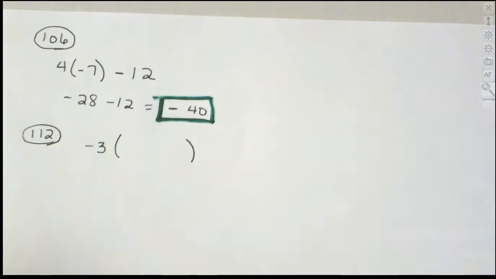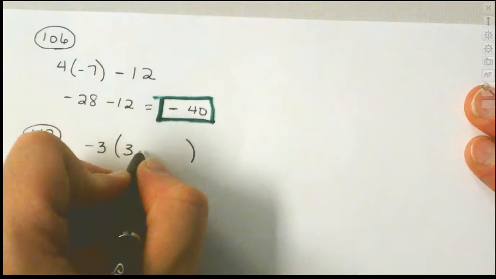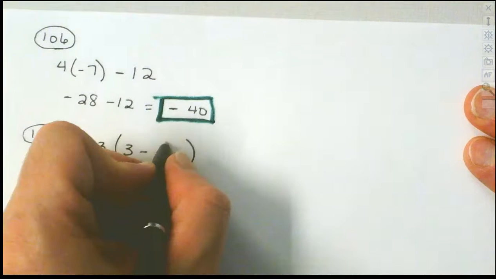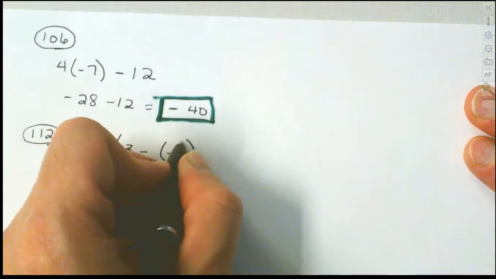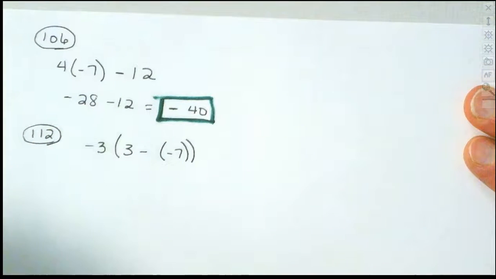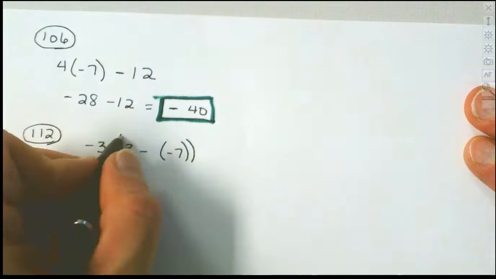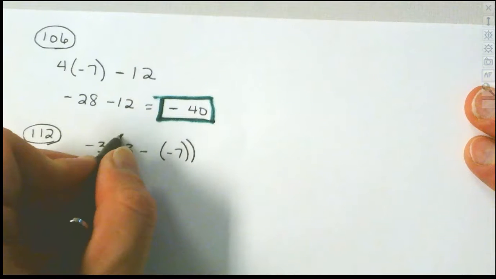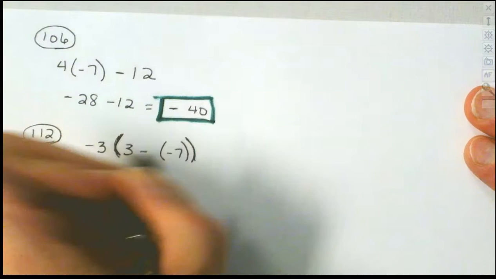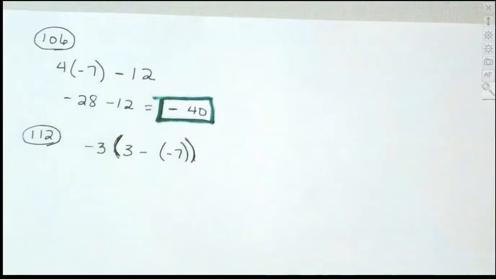So 3 and a minus, and we may have to use square brackets, or you can use double parentheses, it doesn't matter. I think on this one we can just keep the parentheses. You can use square brackets if you want, or double parentheses either way. In this case, I'd probably just keep it with the parentheses.